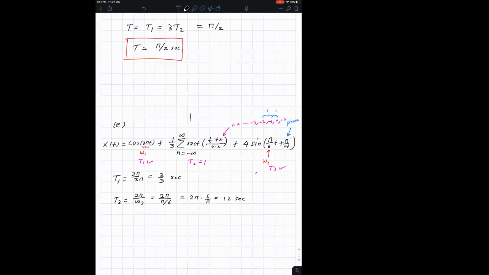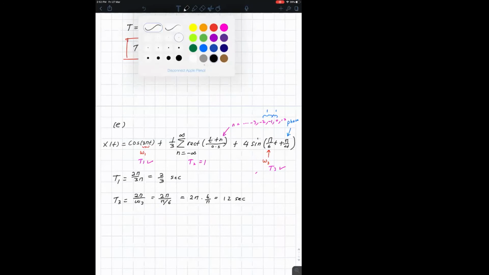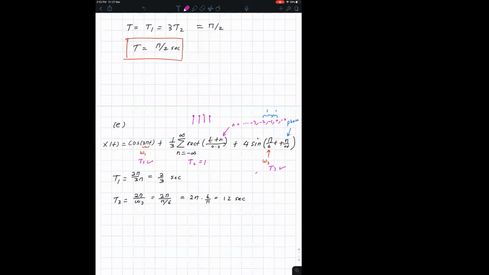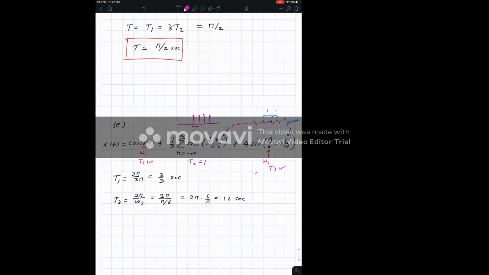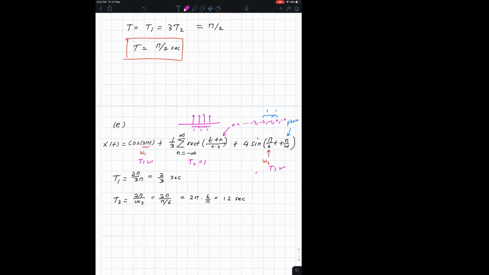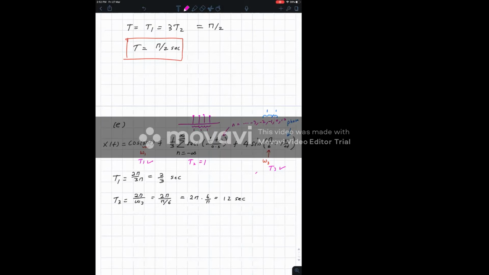Discrete signal. The interval between is 1, 1, 1. This period is 1. After every 1, another signal comes in. So T2 is 1.